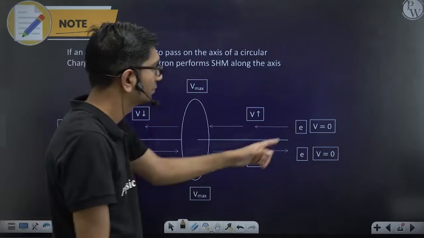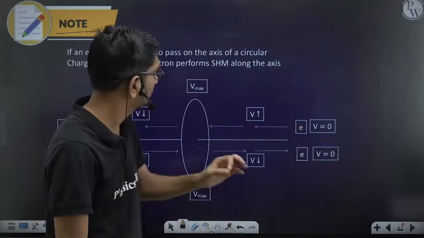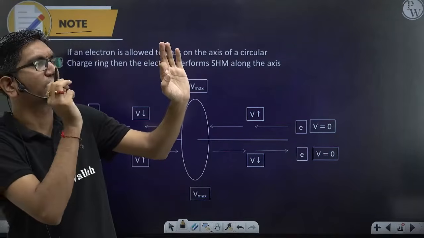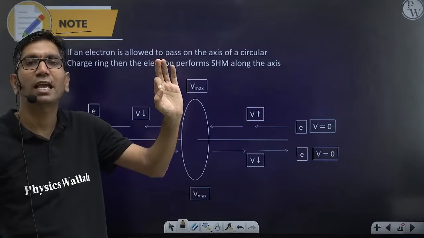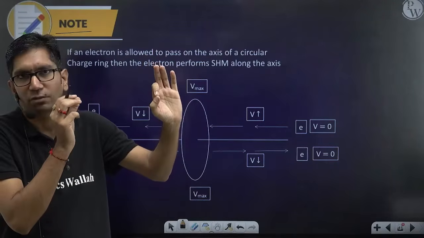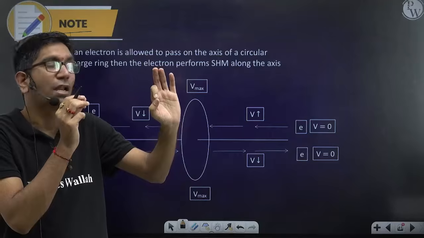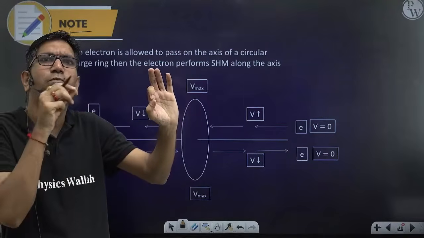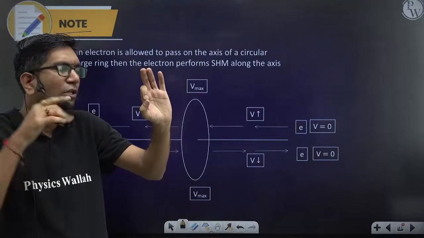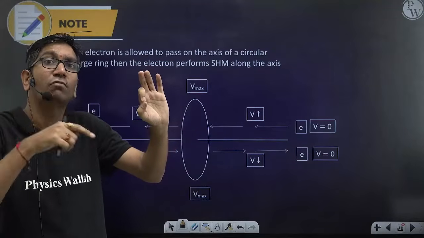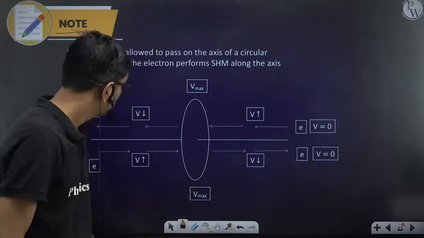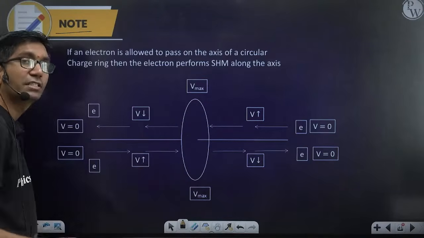I'm sending the electron like this on the axis. Initially the velocity is 0. Now this is a positive charge, electron is a negative charge. It will pull this electron towards it, correct? So while going, its speed goes on increasing.